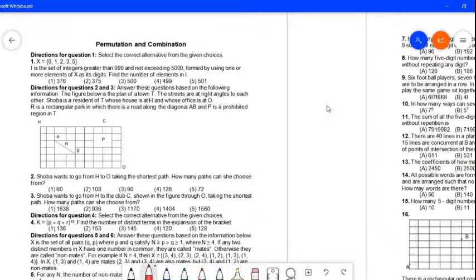Now what we need to do is, we have a 4-digit number, so the first place can take either the values 1, 2, or 3. These are 3 possibilities here. In the remaining places we can take any of these numbers, so we have 5 possibilities.